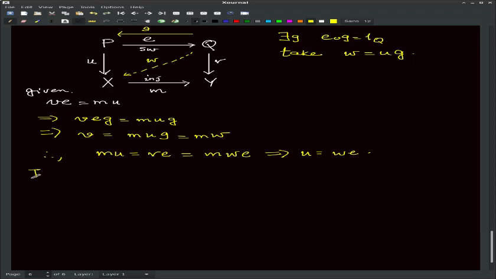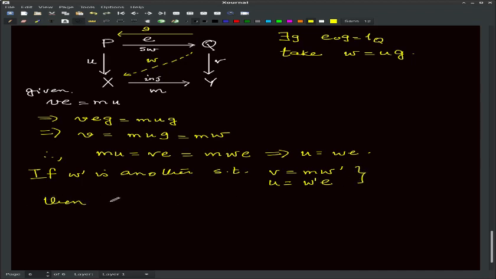And if W prime is another such that V is equal to MW prime and U is equal to W prime E, then V is equal to MW prime is equal to MW, which implies, since V is an injection, that W is equal to W prime. Right? So there is only one such choice.